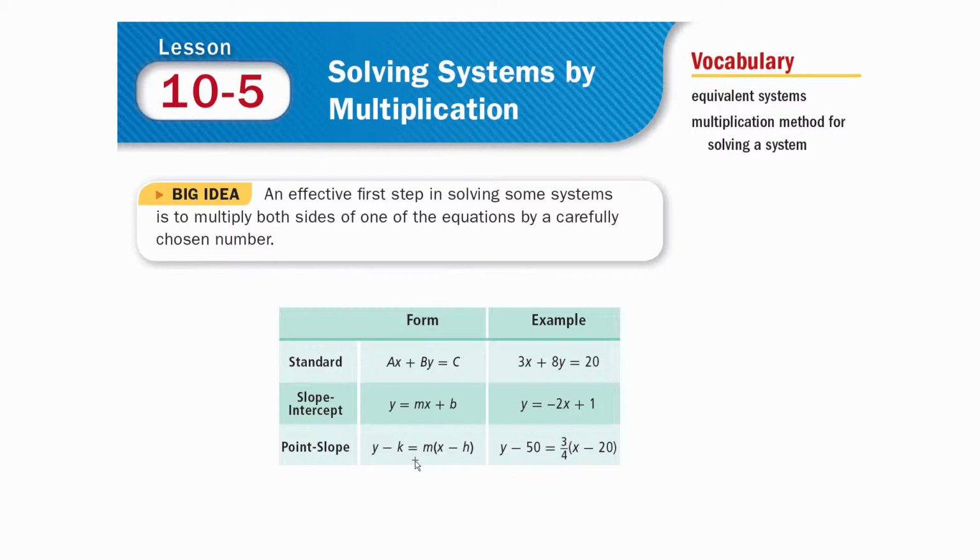Okay, we've got some forms of a linear equation that we've talked about. Standard form, ax plus by equals c. Slope-intercept form, or y equals mx plus b. And point-slope form, y minus k equals m times (x minus h), where k and h represent a point on the line.